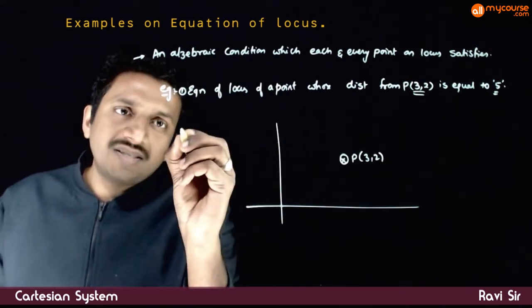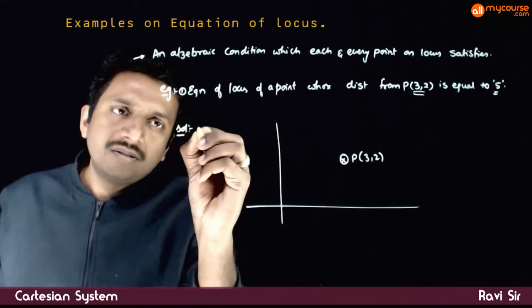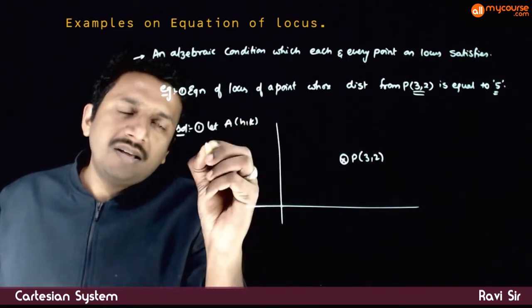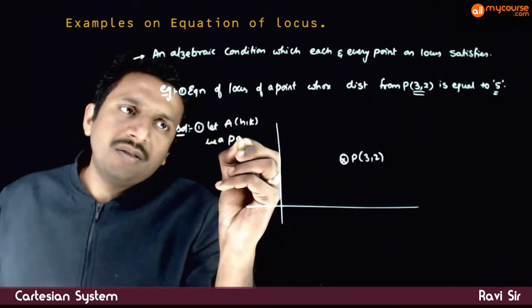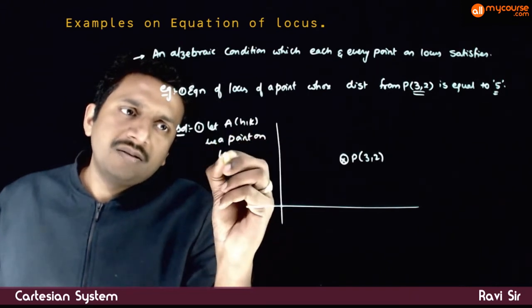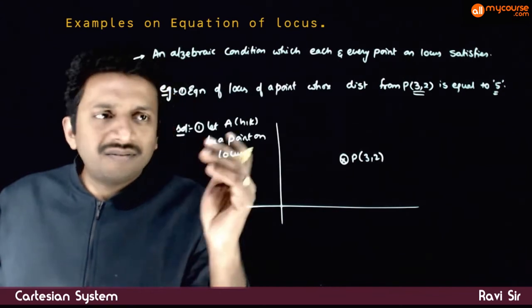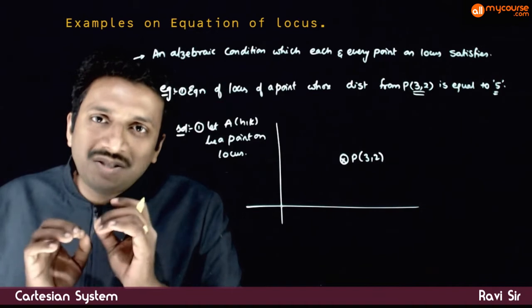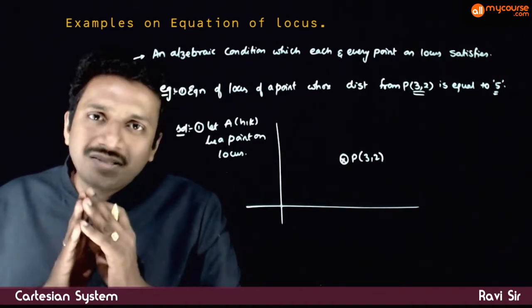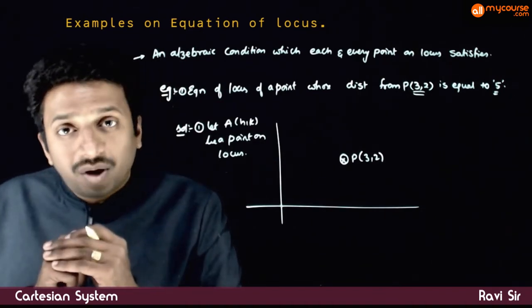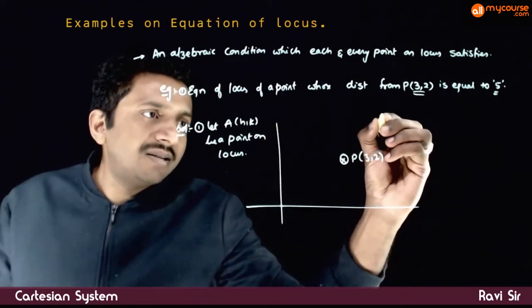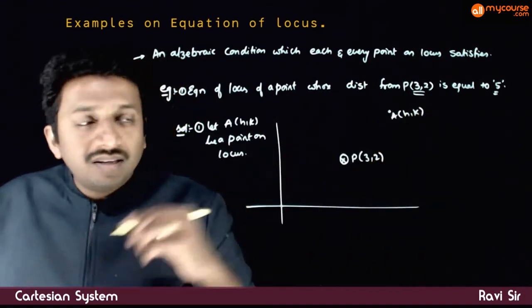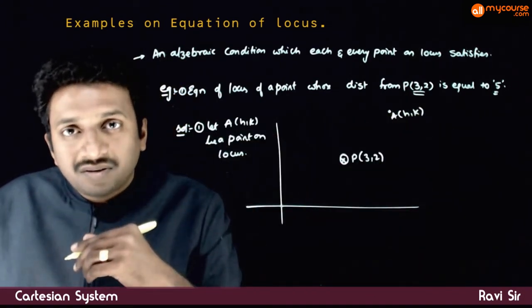So the process is very simple. First step, let A(h, k) be a point on the locus. This is the first step in 99% of the locus questions. So we assume that a general point (h, k) is a point on the locus.